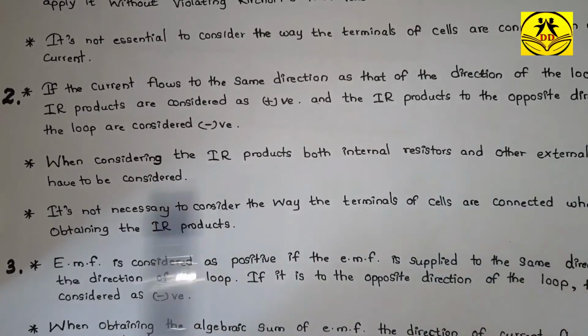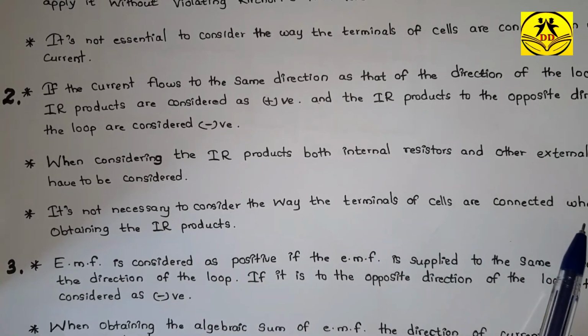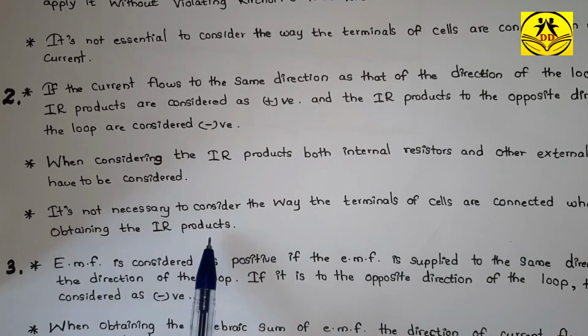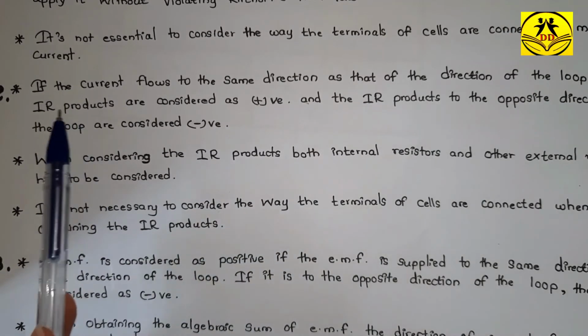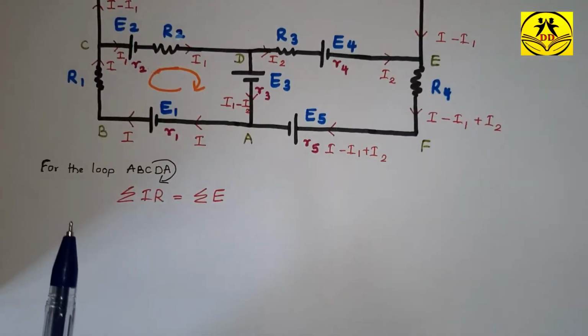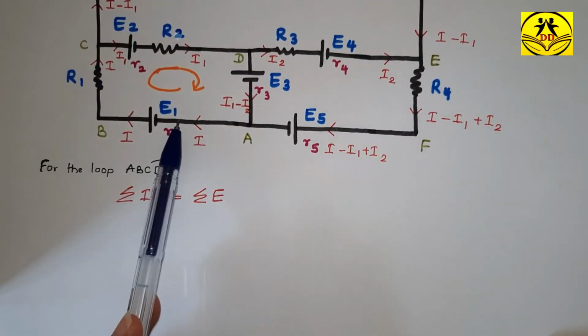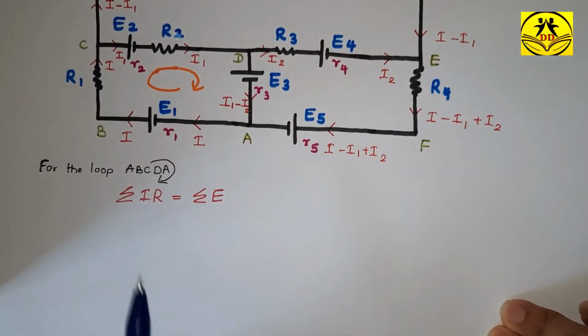Also, it's not necessary to consider the way the terminals of cells are connected when obtaining the IR products. Only the direction of the current and the direction of the loop are essential here. So since the direction of the loop and the direction of the current are the same, these IR products will be positive here.